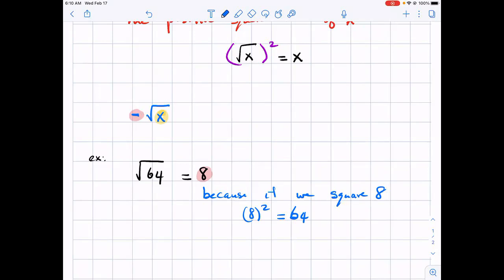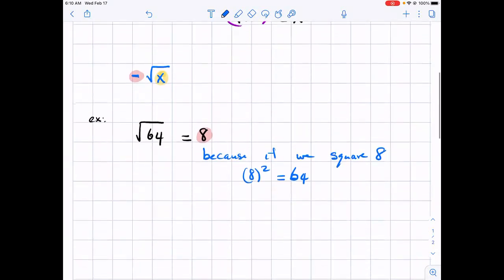In addition, if we have, for example, minus the square root of 64, this would be equal to, well, we know that the square root of 64, just this here, is 8.